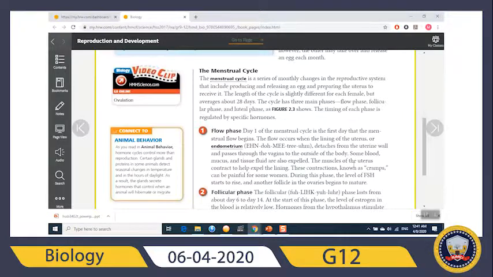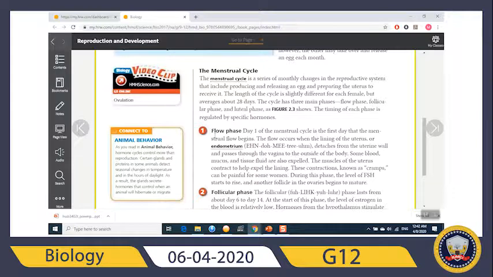The flow is basically the endometrium, the lining of the uterus, detaching from the uterine wall and passing through the vagina to outside the body.